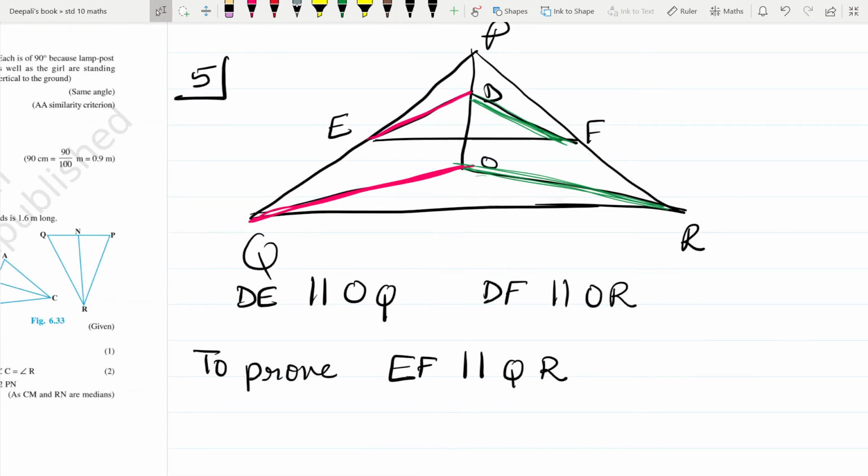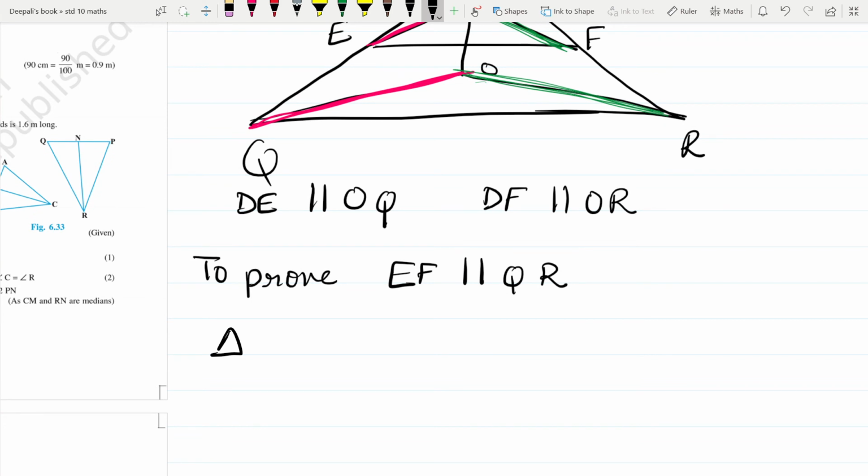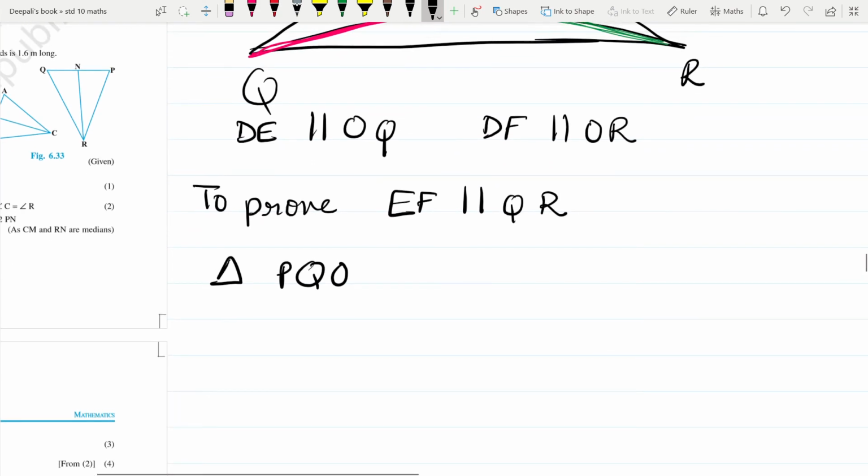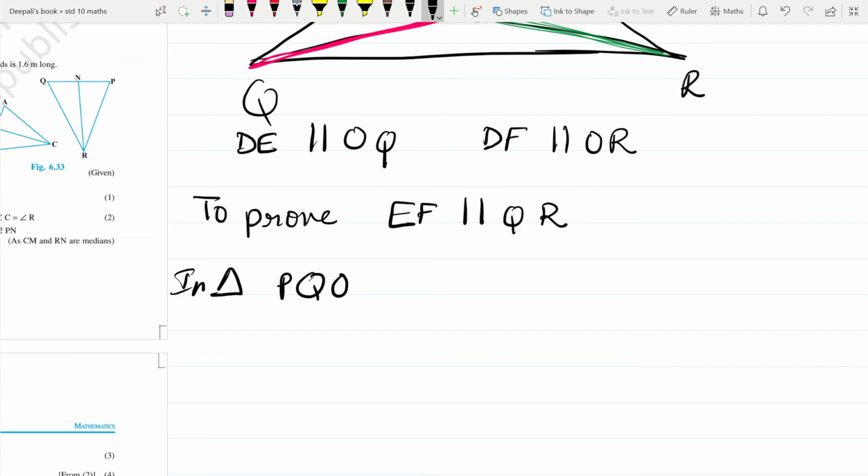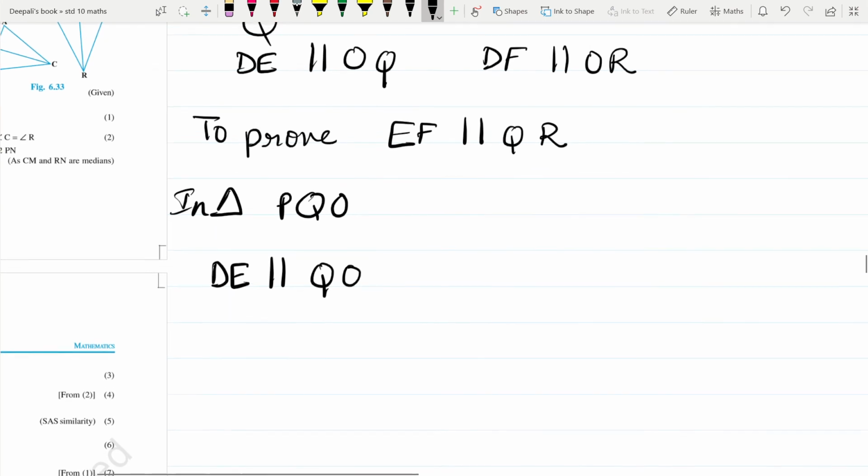Now if we take triangle PQO, we know that DE is parallel to QO in this triangle.